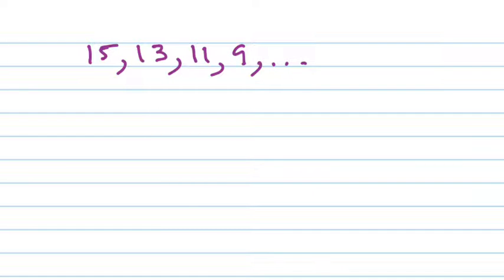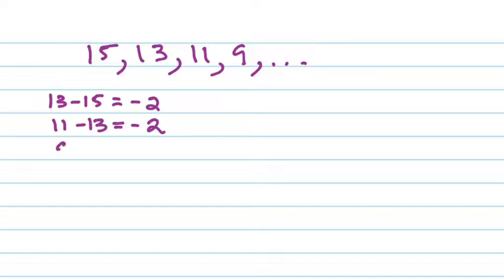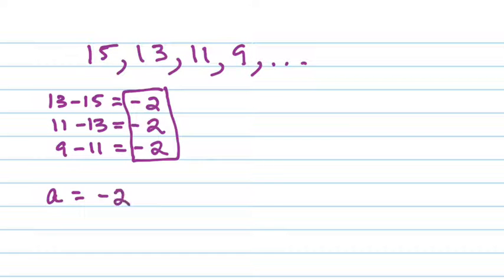So watch what happens. 13 minus 15 doesn't give us 2, but it gives us negative 2. And we know that it was going to be negative because the numbers are going down. Negative 2 literally means down 2. So then we'll do 11 minus 13, which is negative 2. Again, down 2. We'll do 9 minus 11, again, negative 2. So that is our A. In other words, our common difference.